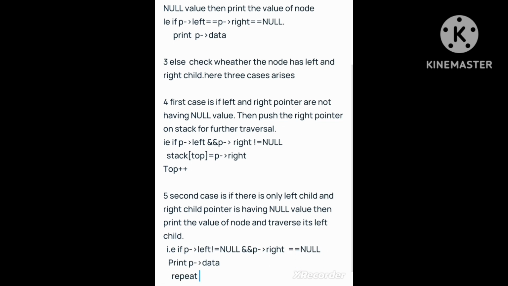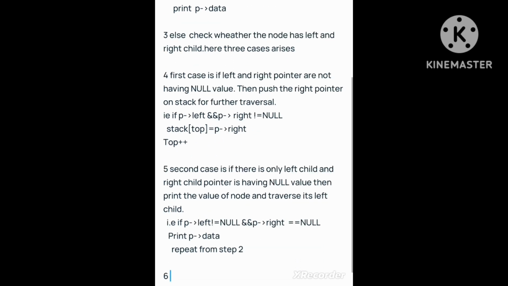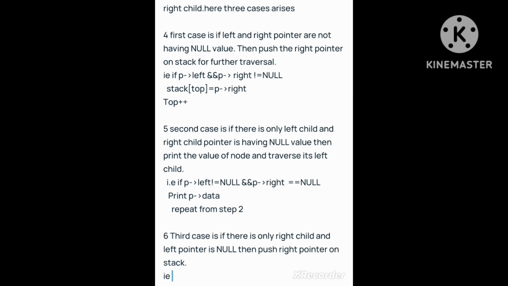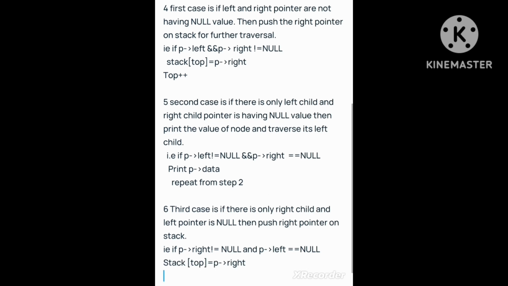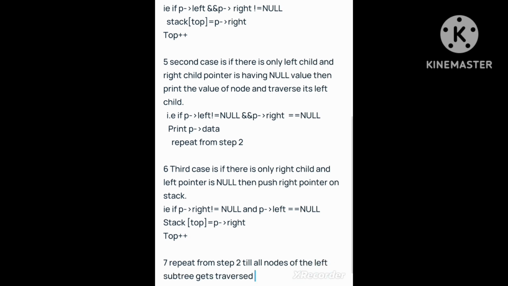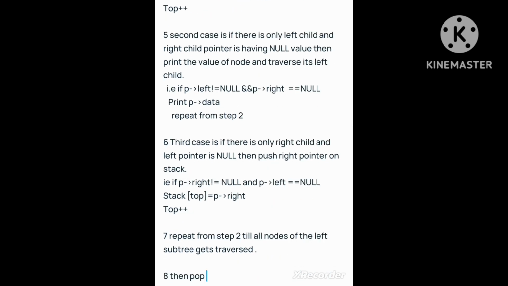Then we have to just print the value of the node and traverse its left child till the leaf node is found. In the third case there is only the right subtree and the left pointer has the null value. Then we have to just push the right pointer onto the stack. After that we have to repeat from step 2 until all the nodes of the left subtree get traversed.